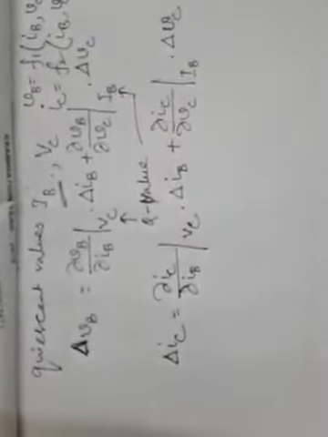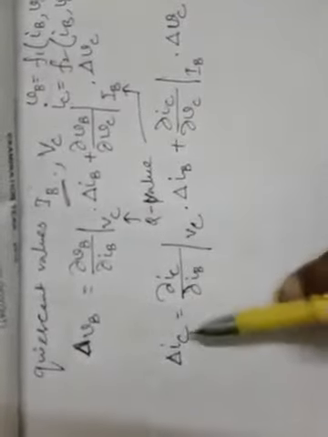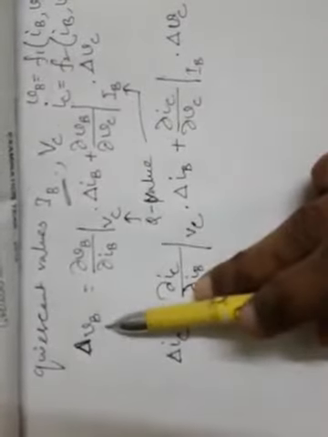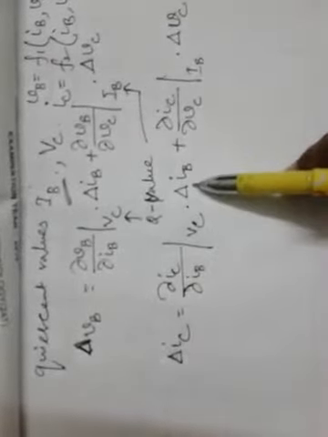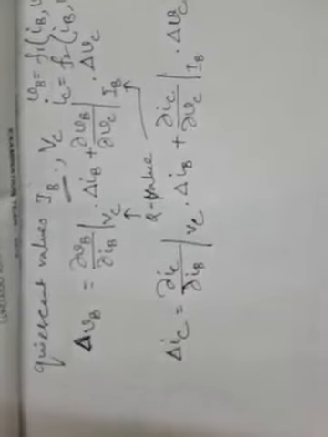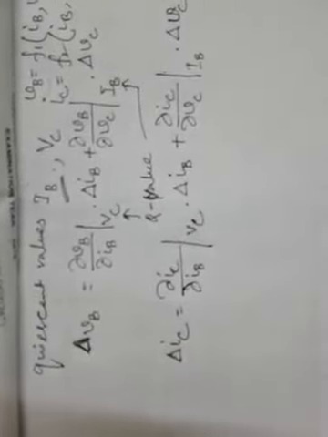Likewise it can be written. Here del VB, del VC, del IC and del IB all represent small signal or incremental values for base and collector voltages and currents.